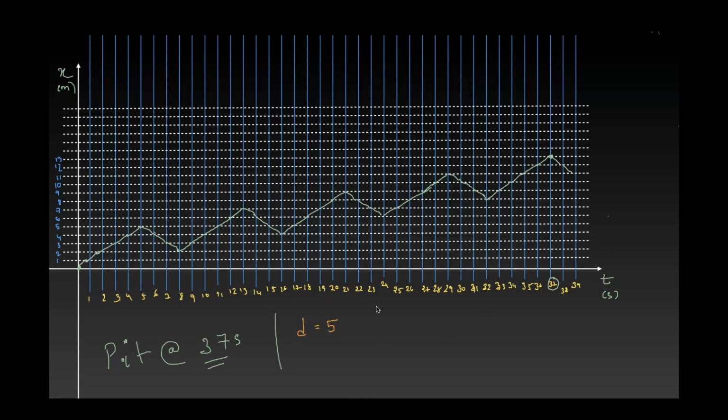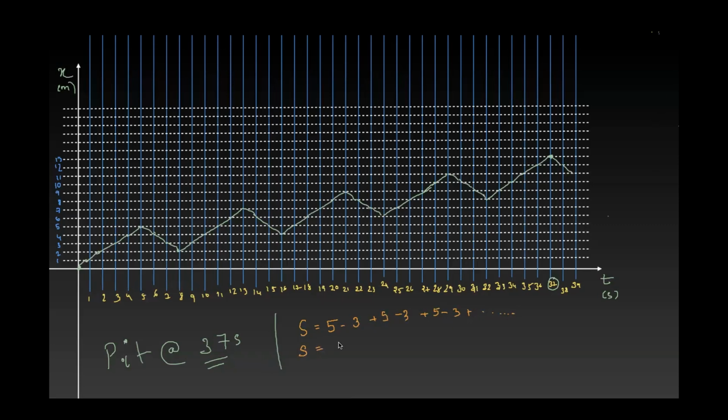It is nothing but displacement, not distance. The displacement is nothing but 5 minus 3 plus 5 minus 3 plus 5 minus 3, and so on.